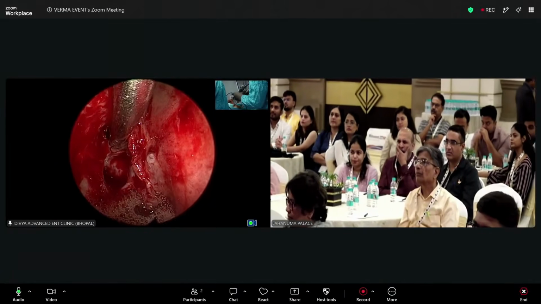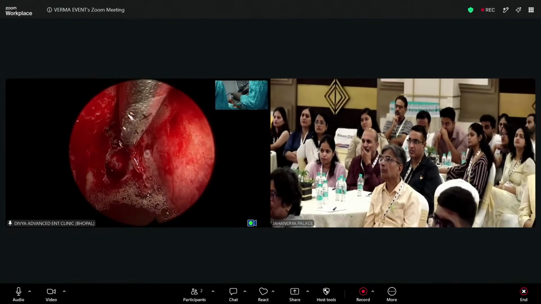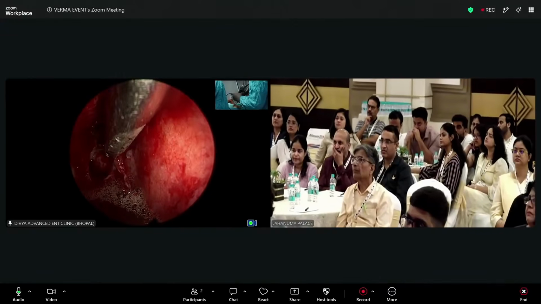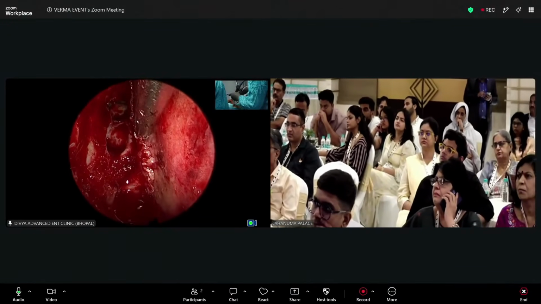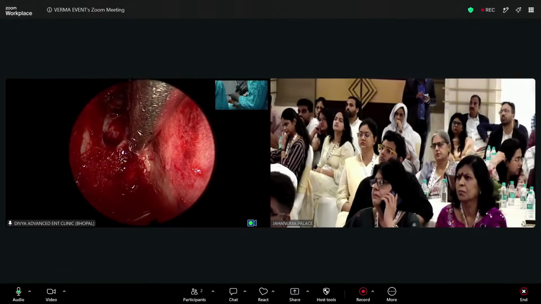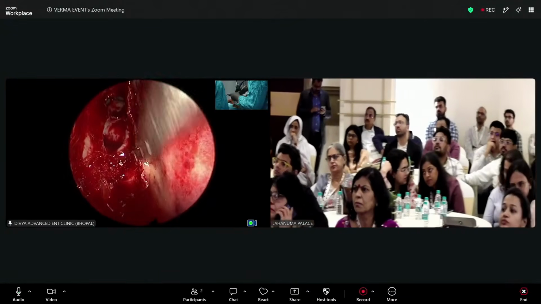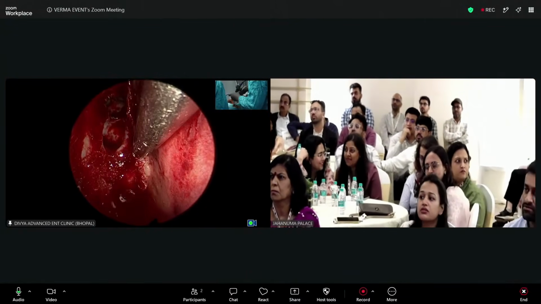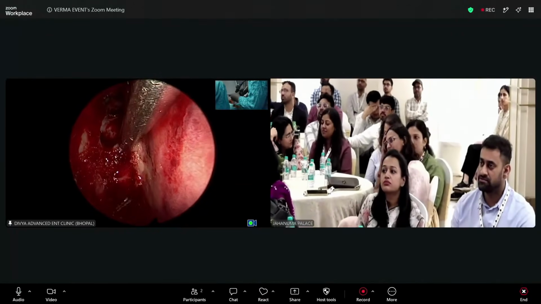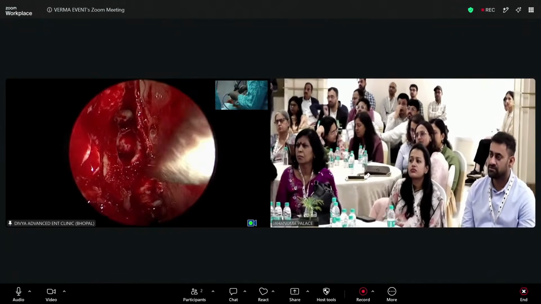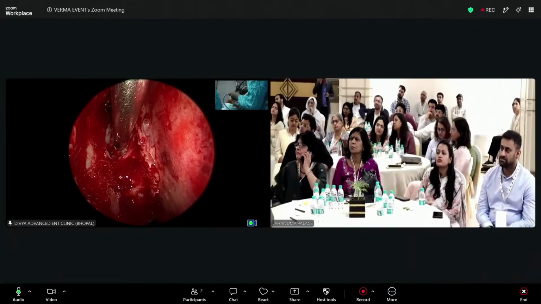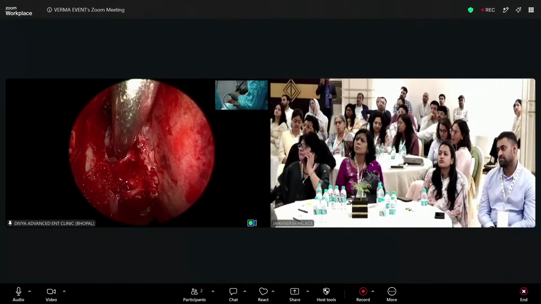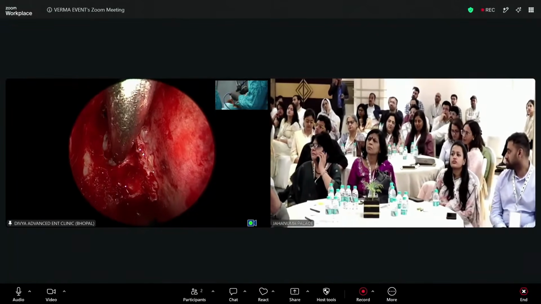That is the frontal sinus. All this turbinate, all this you have to flatten. This is the reverse blade, the so-called skull base blade. This is the mucosa over the anterior ethmoidal artery.